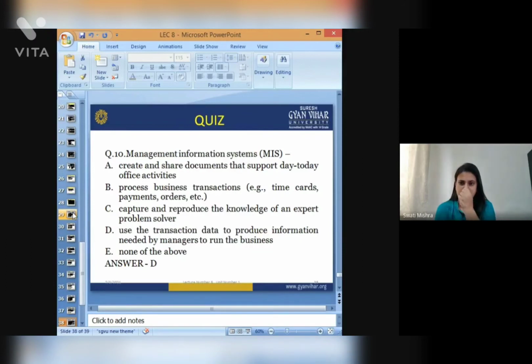B. Process business transactions like credit cards, payments, orders, etc. C. Capture and reproduce the knowledge of an expert problem solver. D. Use the transaction data to produce information needed by managers to run the business. E. None of the above. And the answer is D. Use the transaction data to produce information needed by managers to run the business.